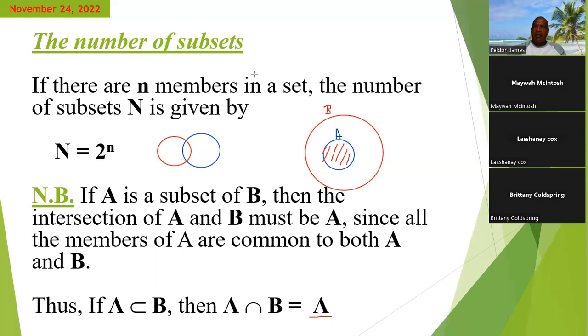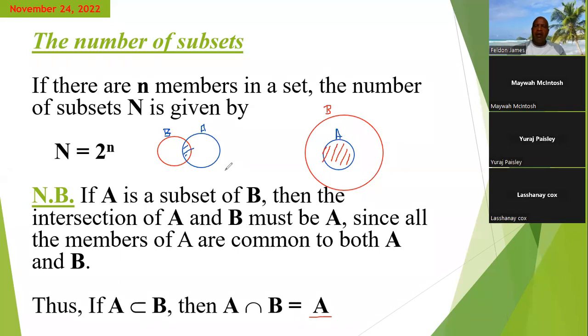Now that region where they overlap is known as the intersection. So this region is the intersection. Now, any member that are in this section would be in part of A and part of B. Are you seeing that, Mr. Paisley?